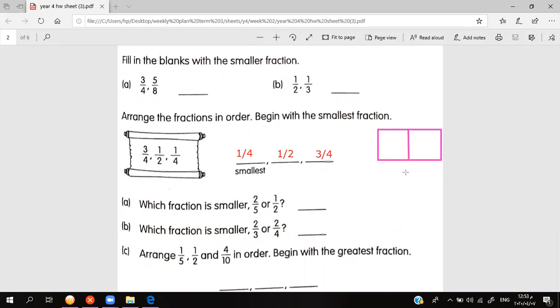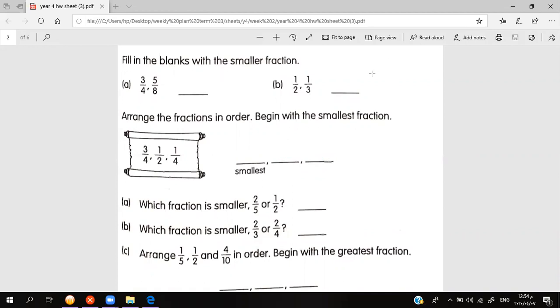Okay, this is a half. How many quarters then? 2/4 in the half. Okay, so the half has 2/4 and this is 3/4. So 3 is bigger than 2.